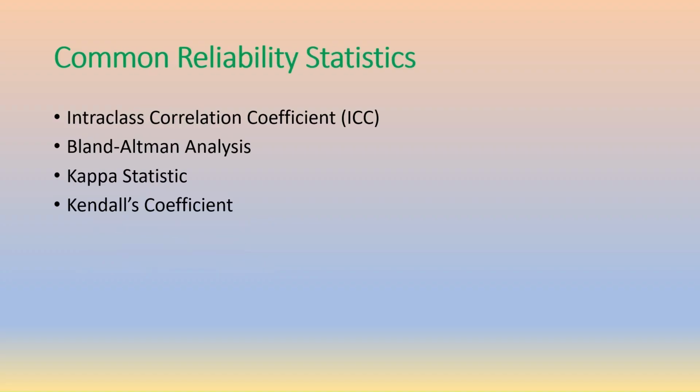Common reliability statistics: intraclass correlation coefficient, Bland-Altman analysis, Kappa statistic, Kendall's coefficient. Different reliability methods are used depending on the type of data. Continuous data often uses ICC and Bland-Altman, while categorical data uses Kappa.